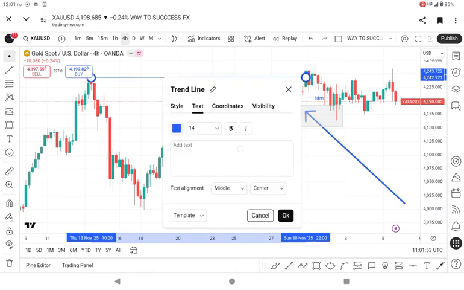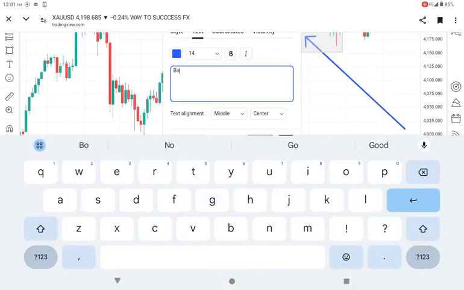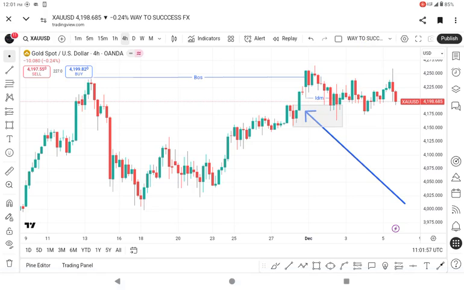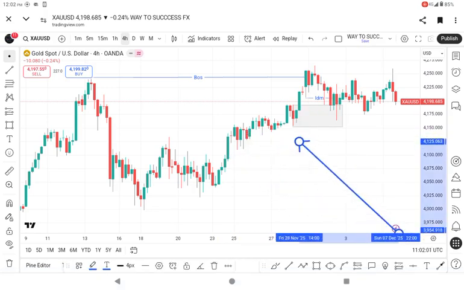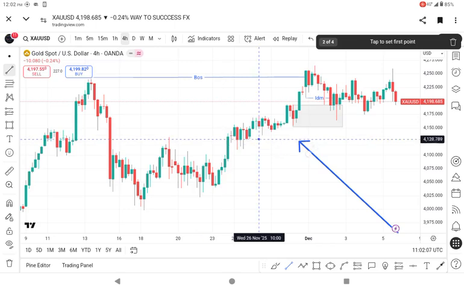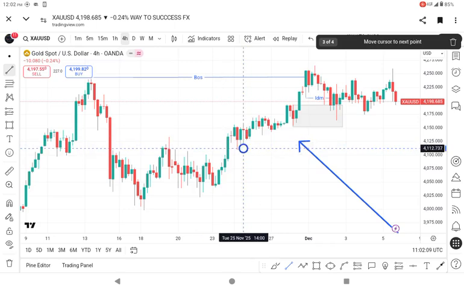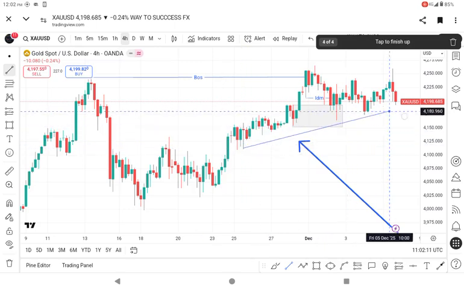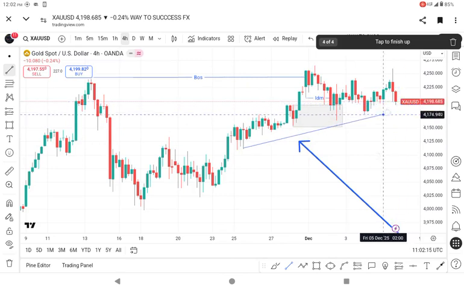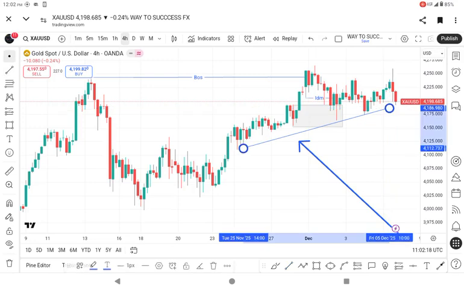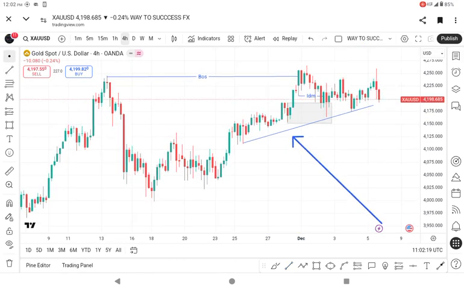When external liquidity is being taken out, price always seeks the internal liquidity, which in this case, if you look here, is a trend line sitting below here. This is a trend line liquidity, and since this is my trend line liquidity, I'll be expecting price to clear this before we continue to the upside.